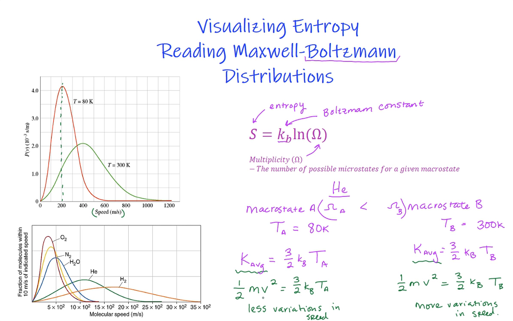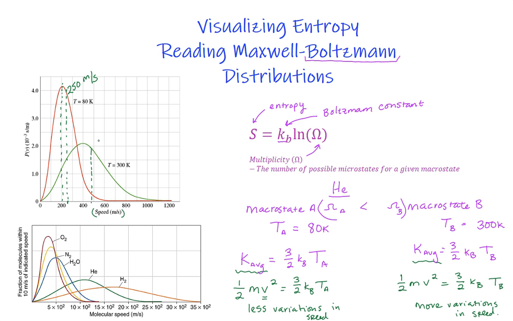Now, if we actually solve for the v variable here, it's actually going to be the root mean squared velocity, which is shifted slightly to the right. And so what truly is happening here is that we would say maybe most of the particles are moving at 250 meters per second. Now, when I go to 300 Kelvin, I'm going to scoot over here to the root mean squared value, or roughly that.